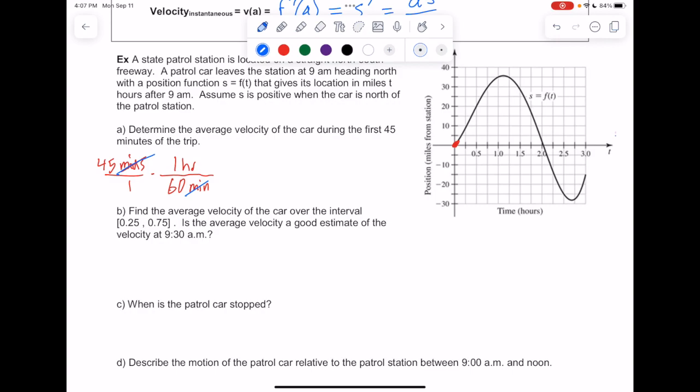So we're talking about 0.75 hours, which should be right here. So that's our ending point. So we know our starting and ending point, and they want us to get the average velocity.